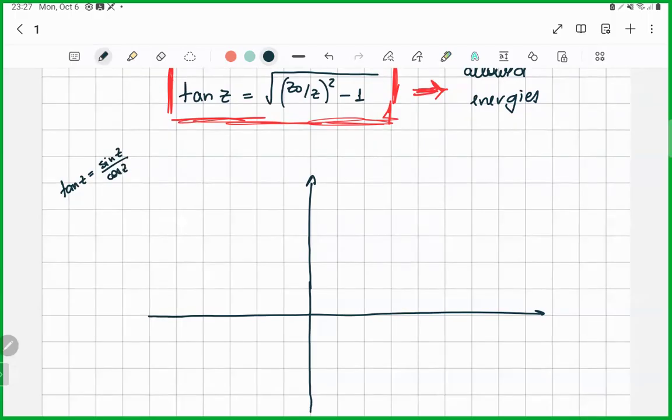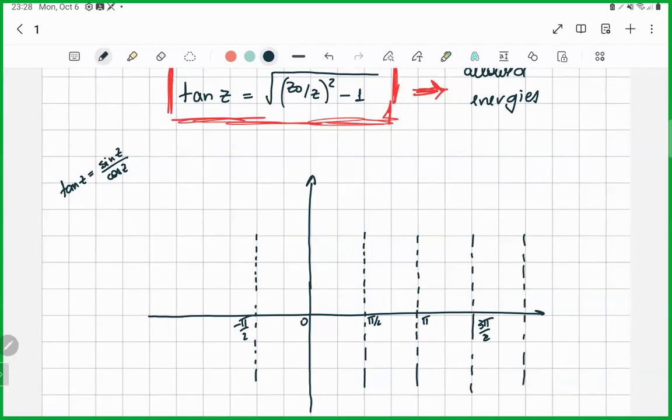And the tangent has some special values at minus pi over 2, at 0, at pi over 2, at pi, at 3 pi over 2, at 2 pi, and so on. Okay, so these are all special points.